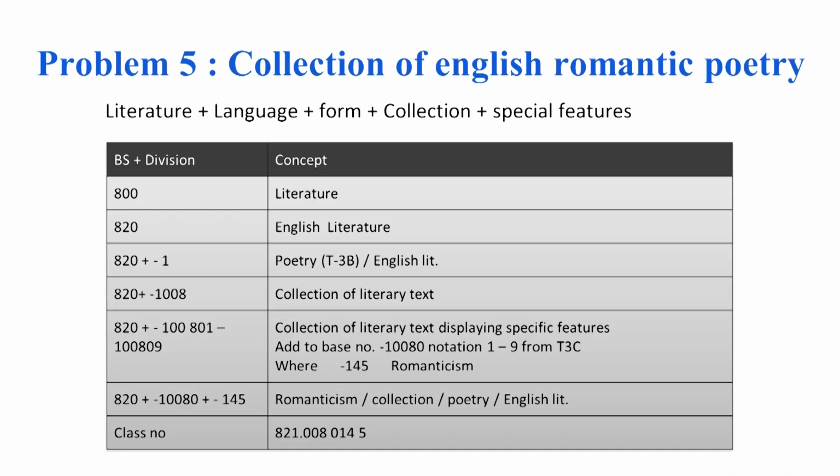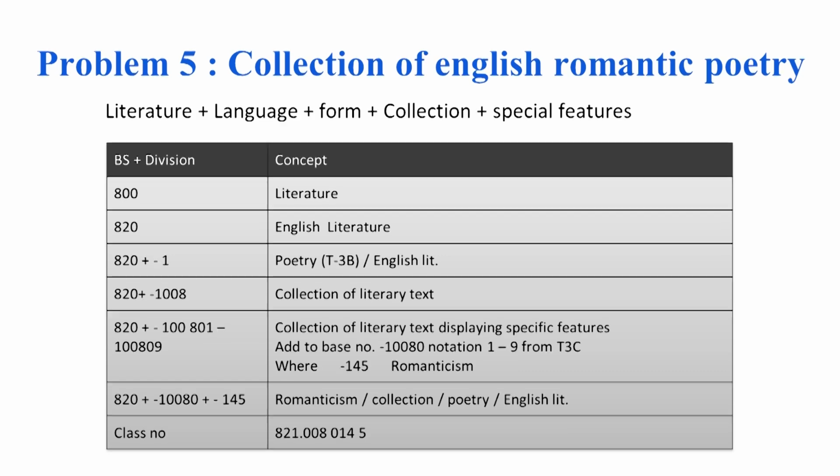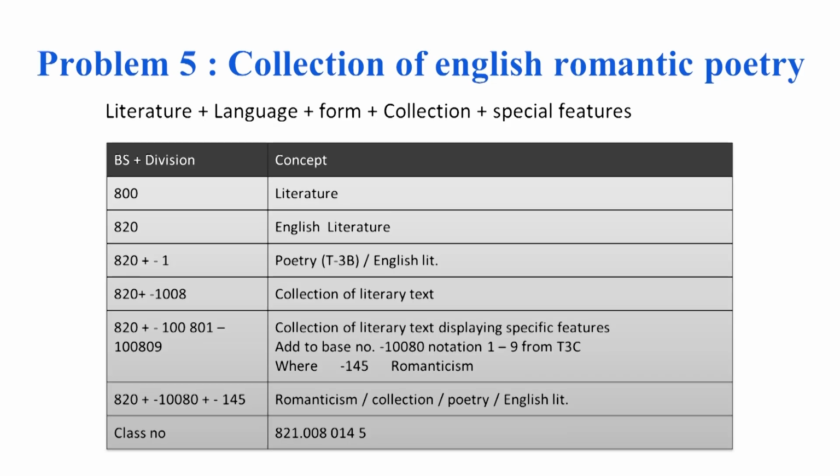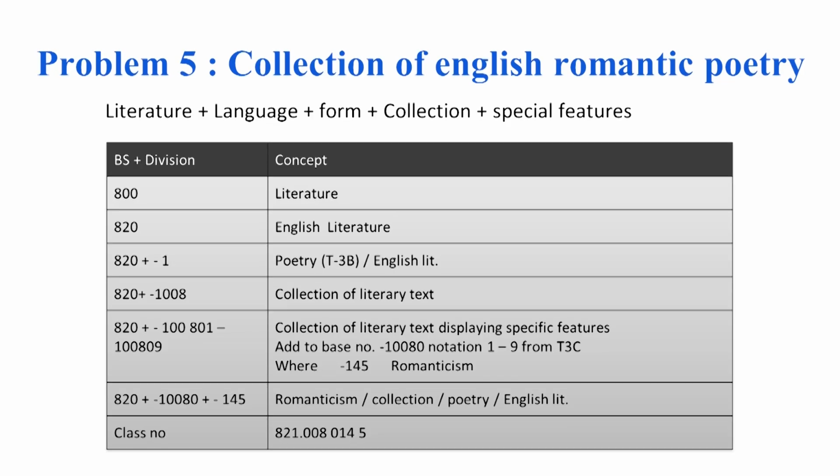So the number will be, for collection of English romantic poetry, we will have to find the number as first 8 means literature, 2 means English, 1 means poetry, 008 for collection, then extra 0 will be there, then 145 or any number that represents the special feature will be added.